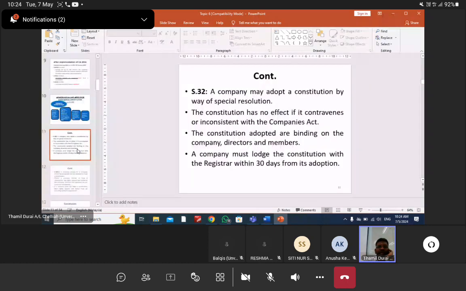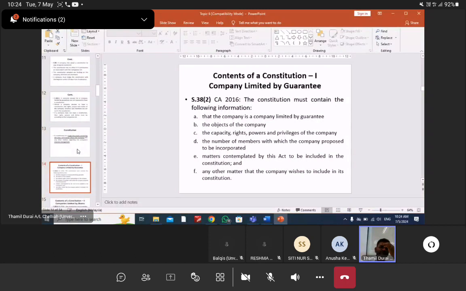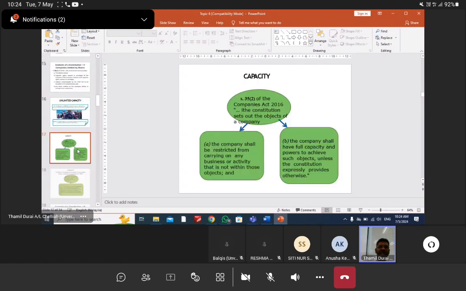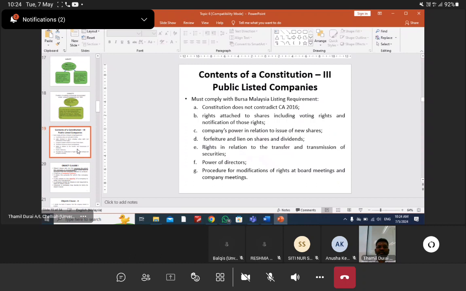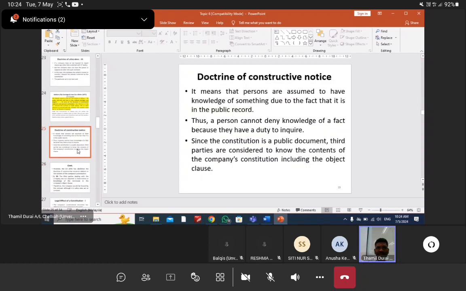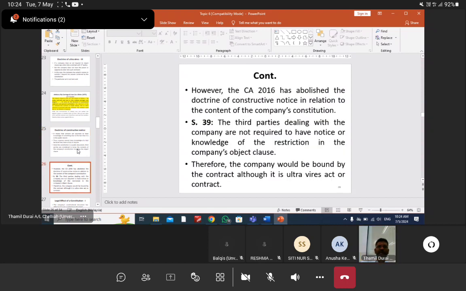The effect of constitution. Okay, some discuss about object. The question is not about object, although I mentioned the word object doesn't mean that it's about objective. What is the effect of the constitution? The effect of the constitution is that it creates a contractual relationship between the company and its member.